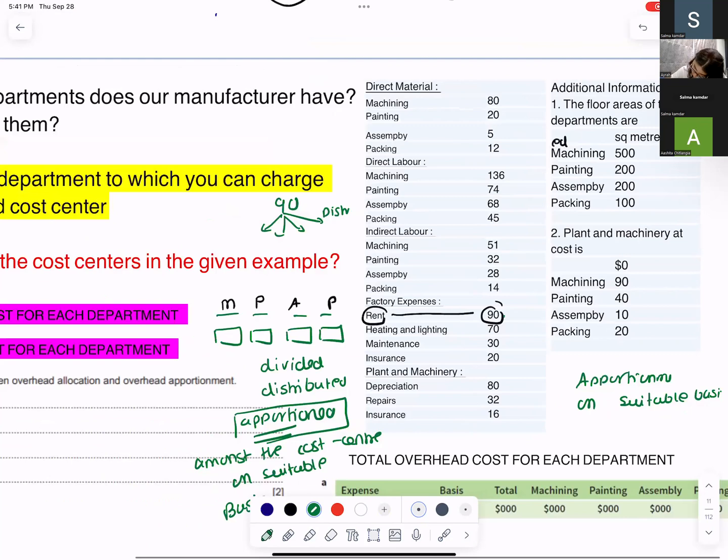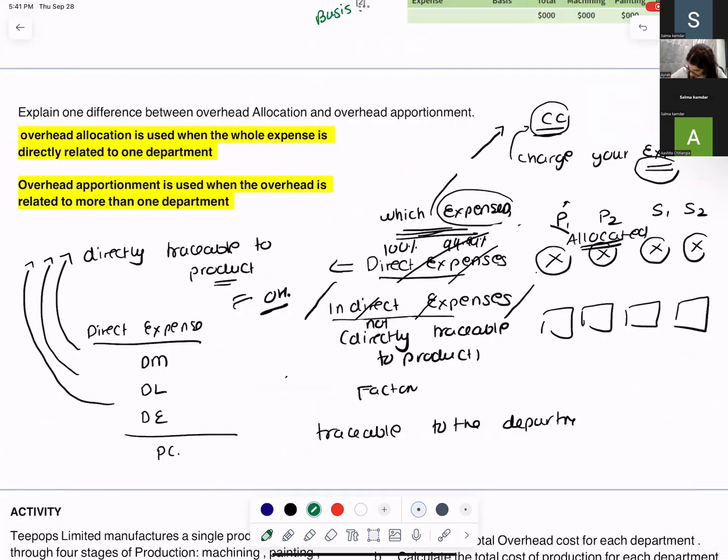So let's come to my question again. Direct expenses are going to be allocated. Why are you going to allocate it?